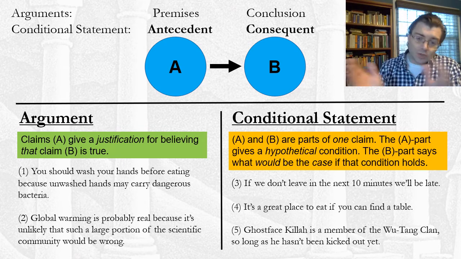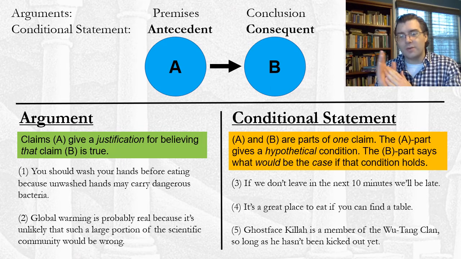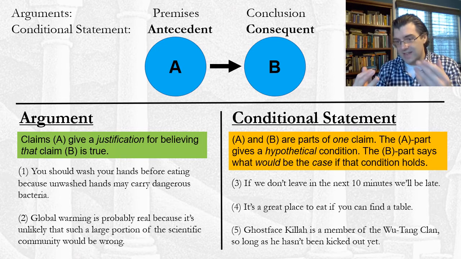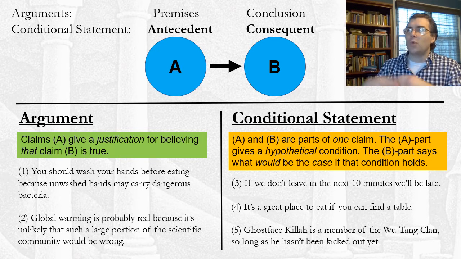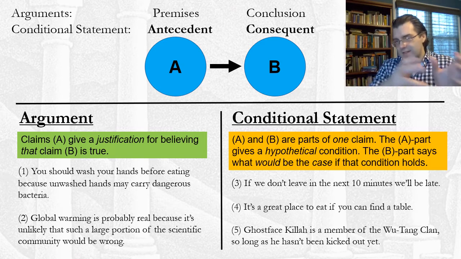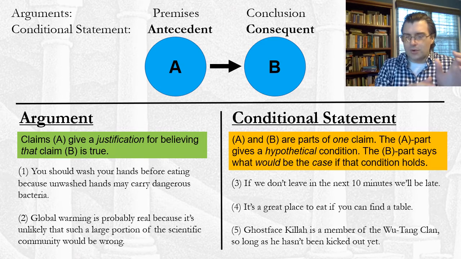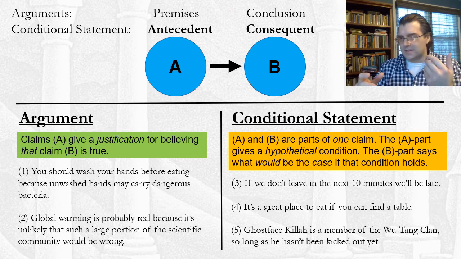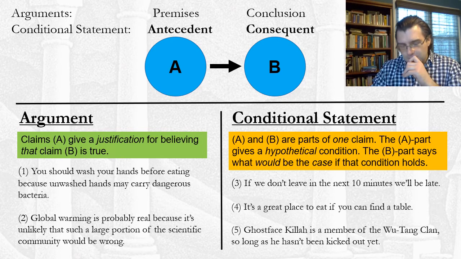And that relation is similar to the relation between premises and conclusions, because what a conditional claim is saying is that whenever the first part of the if-then statement holds, then the second part does as well. So in a way, it looks like what it's saying is that the first part provides a reason to believe the second part.